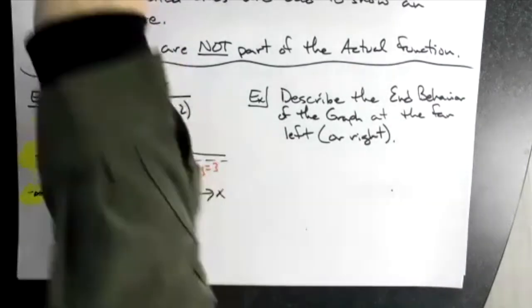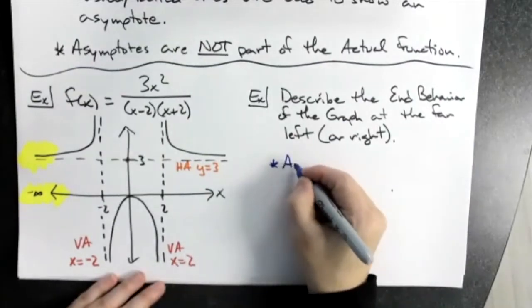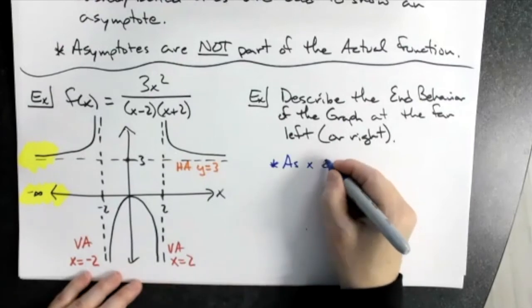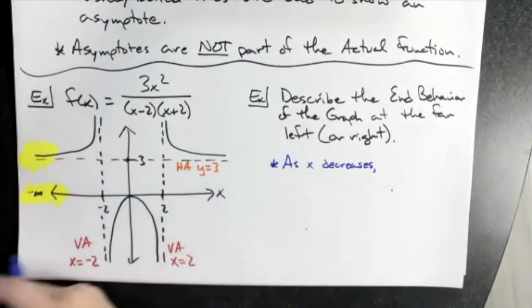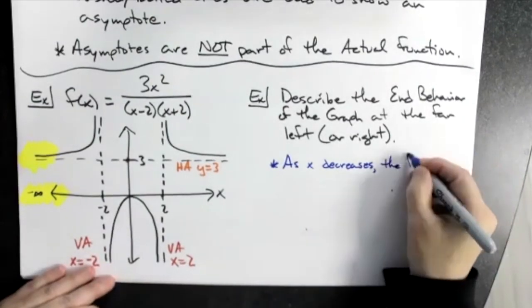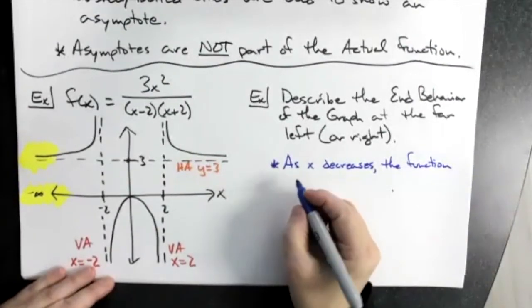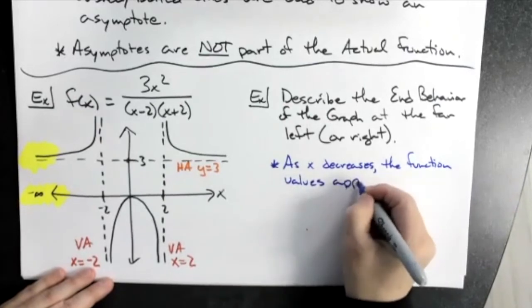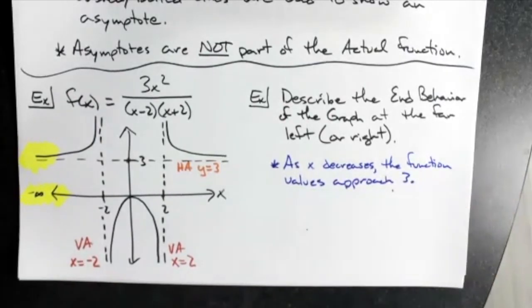Okay, so let's write that as an answer. As x decreases, as x is approaching negative infinity on the far left, the function values approach 3.